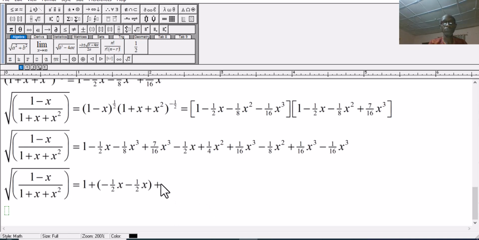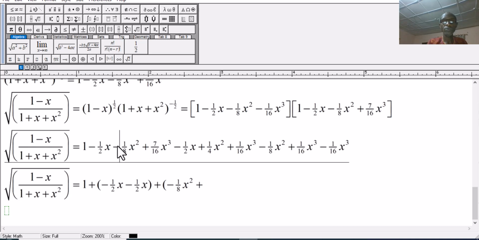So the next one we have for the x. So I'm going to change this to squared. It's supposed to be squared. So we have minus 1 over 8 x squared. So plus minus 1 over 8 again.